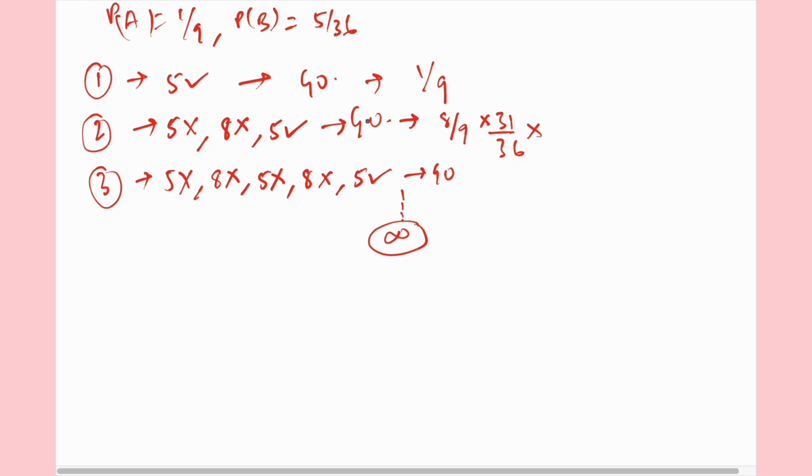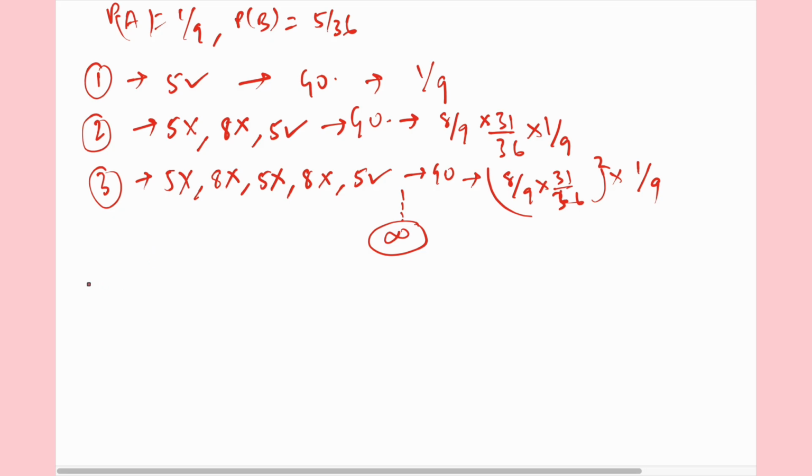And again the chance of A winning is 1 by 9, so the game gets over. Similarly, here this part is repeated twice, so we can write it as 8 by 9 into 31 by 36, whole square, into again A wins, that is 1 by 9.